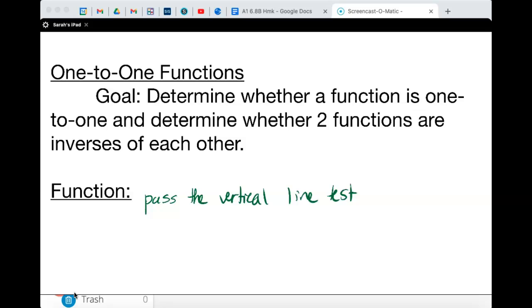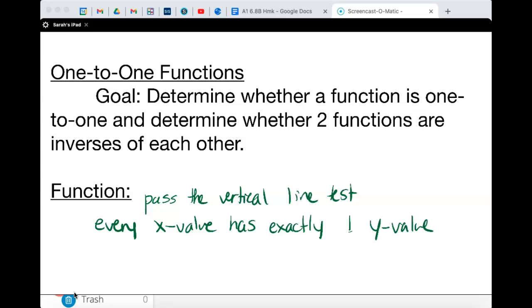What else do we know about a function? Okay. Yes, so every x value has exactly one y value. So that's the definition of a function, which is basically what I wanted.